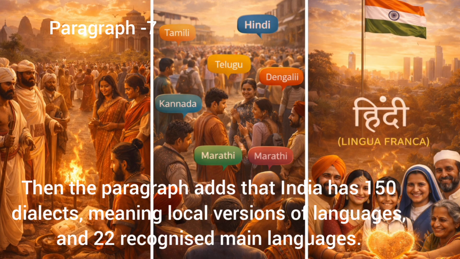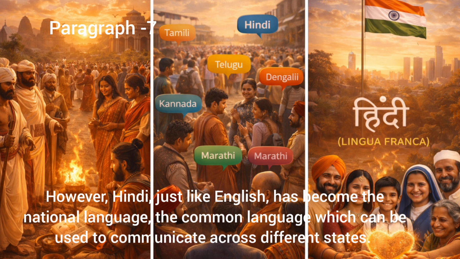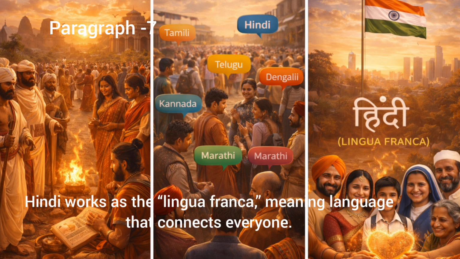It means local versions of language, and 22 recognized main languages. However, Hindi, just like English, has become the national language, the common language which can be used to communicate across different states. Hindi works as the lingua franca. It means language that connects everyone.